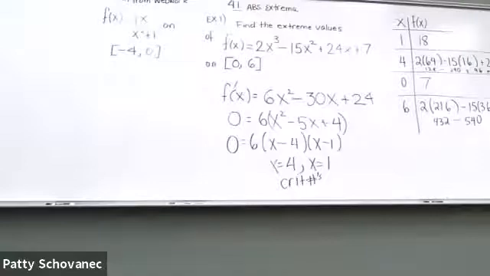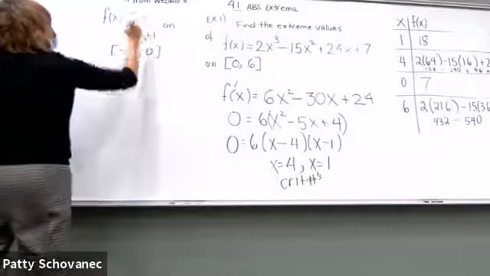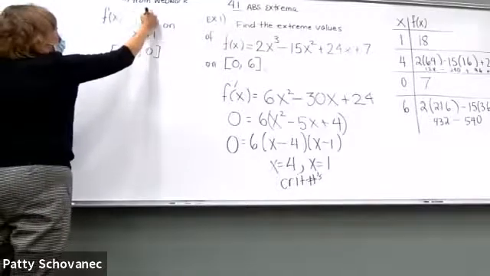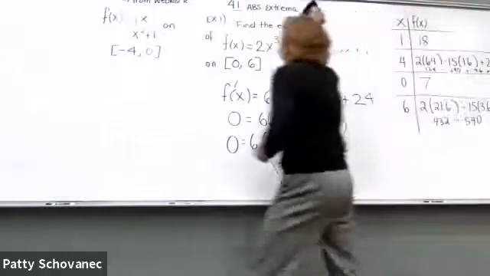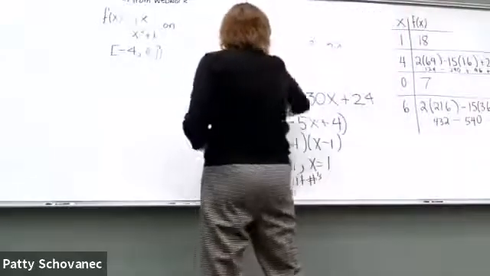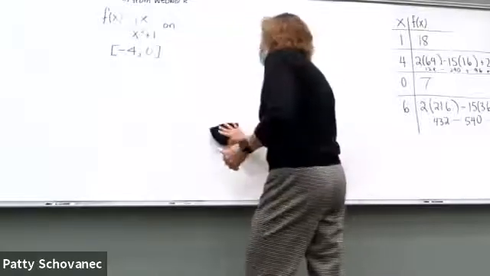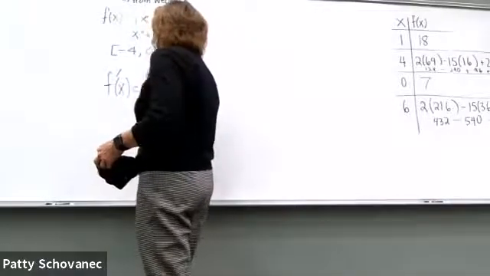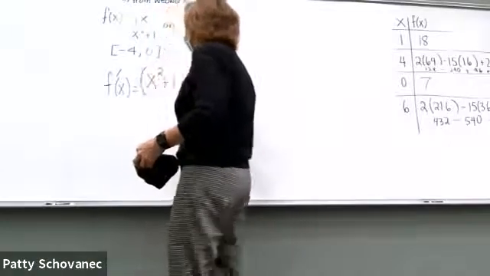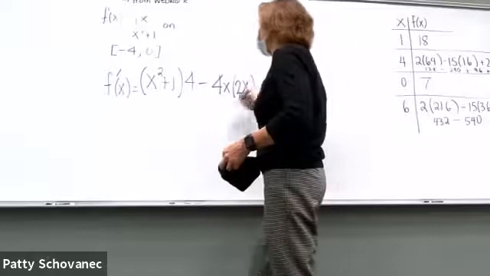It's not showing up so well. 4x. All right, so using the quotient rule, f prime of x is the bottom times the derivative of the top minus the top times the derivative of the bottom all over the bottom squared.